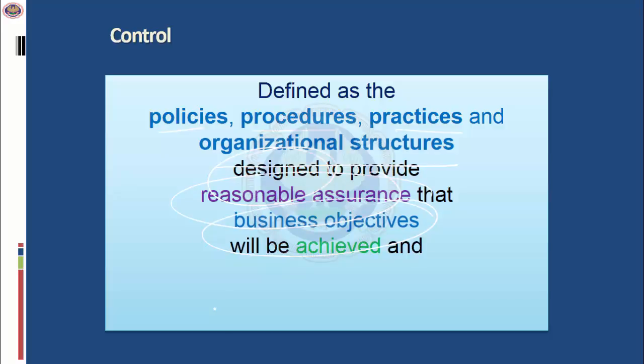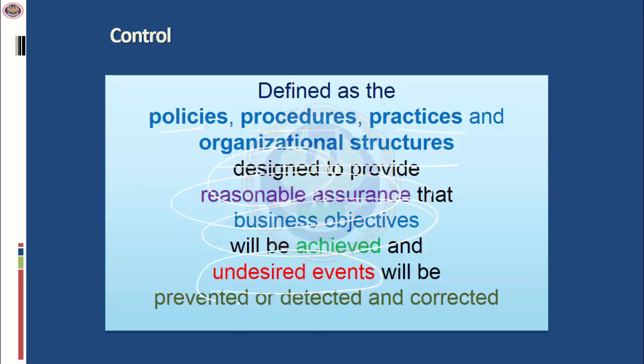And you know the next part, which is about the risk, which is that undesired events will be prevented or detected by controls. So you have what are called preventive controls, detective controls, and corrective controls. For example, if you have an antivirus, is antivirus a preventive, detective or corrective control? Depending on how it is deployed, it could be preventive, detective and corrective.